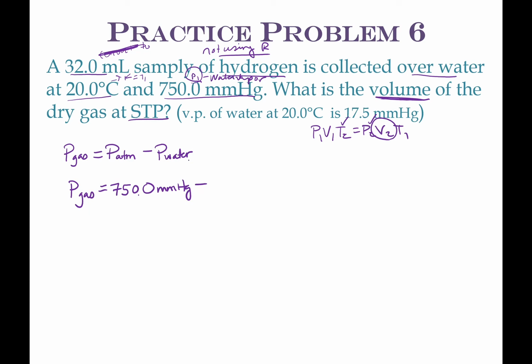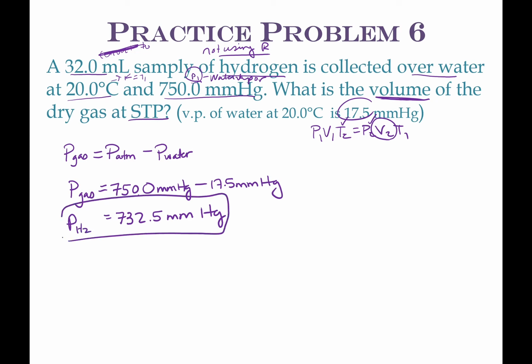We're going to subtract from that the pressure of the water, which is 17.5 millimeters of mercury. This was given right here. So when we do that, we should get 732.5 millimeters of mercury. So this is the pressure of the gas. The gas is hydrogen, so this is the pressure of our hydrogen.